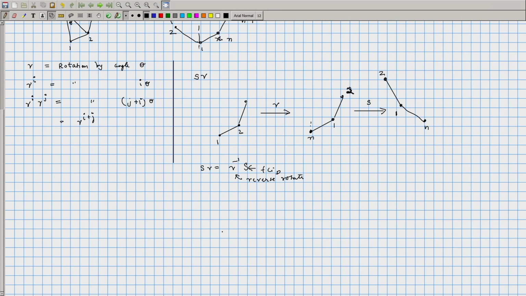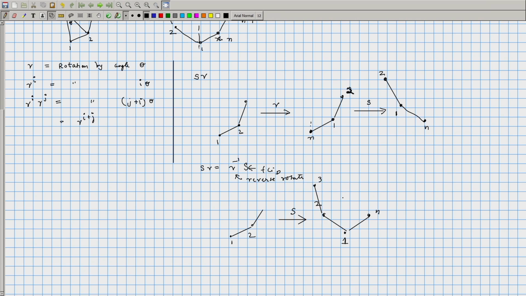Let us try and verify that this is the case. If we look at 1, 2, the initial part of the polygon, if we flip, that means when we apply an S, we will get 1 at the same position and 2 goes to the other side, and the position of 2 will be taken by n.